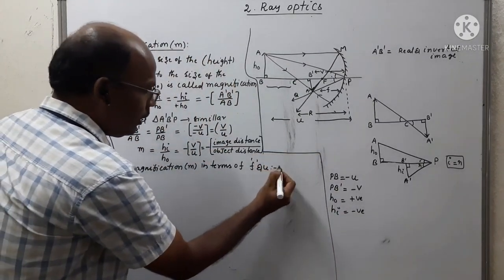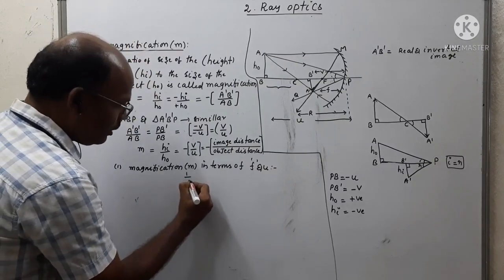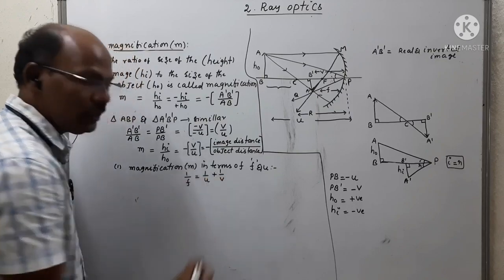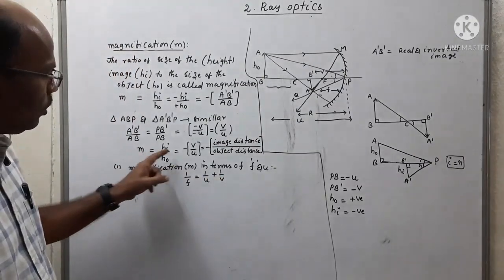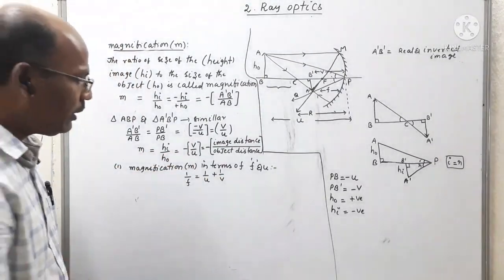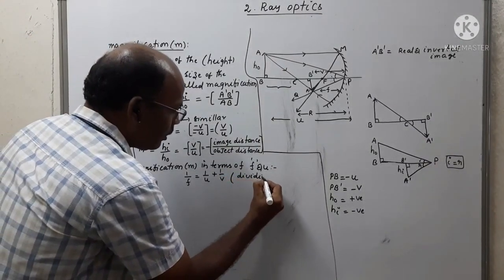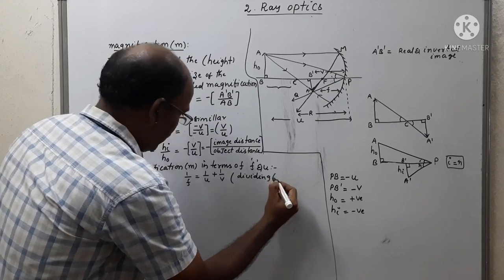So what is the mirror equation? 1 by f is equal to 1 by u plus 1 by v. But magnification is equal to minus v by u. Simply we can divide the equation throughout by minus v.